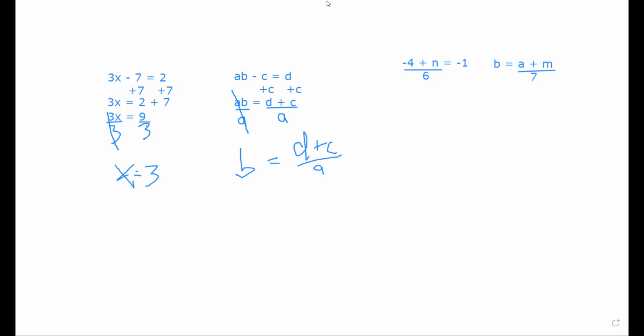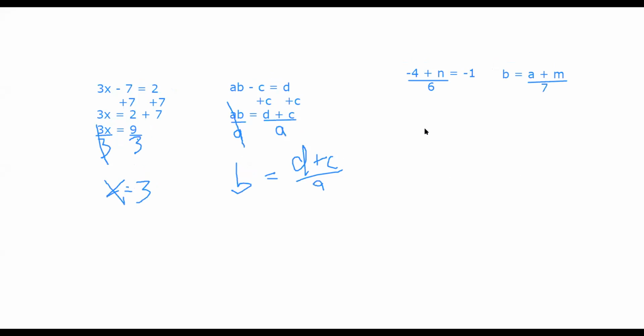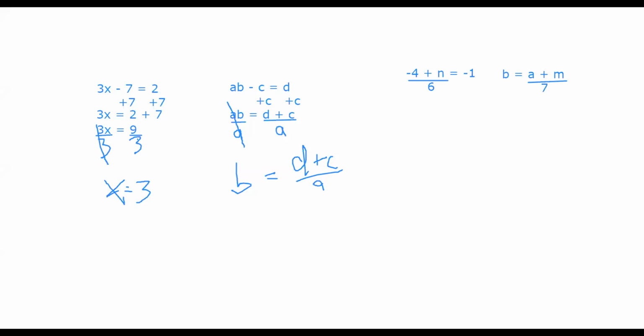So if I multiply both sides by 6, what happened to my controls? Let me do this again. There we go. Multiply both sides of this one by 6 times that whole quantity. On the other one, I'm multiplying by 7.